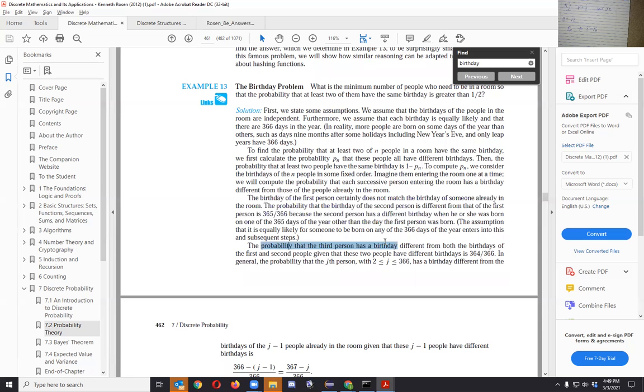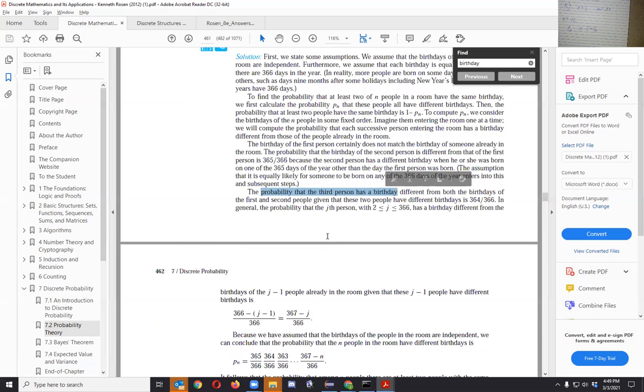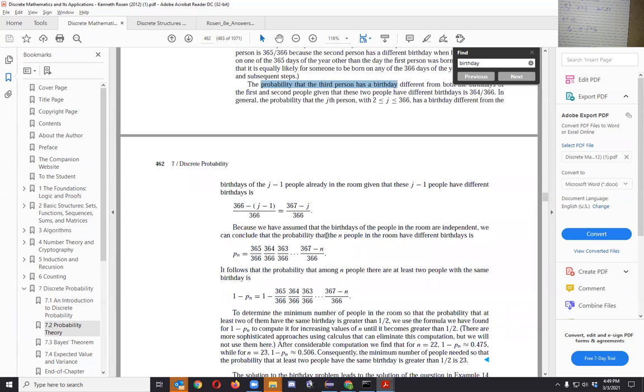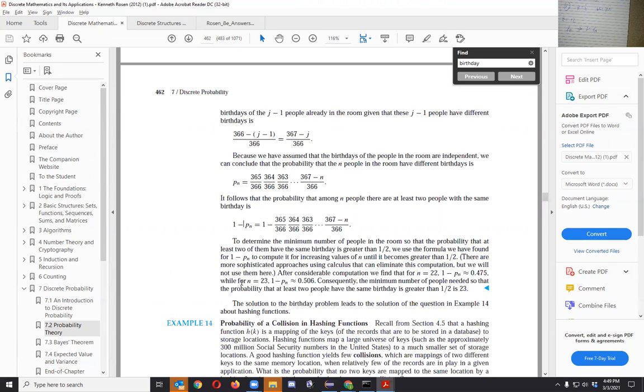The probability of the third person, okay, so this is where the answer to part B came from. So to determine the minimum number of people in the room so the probability of at least is greater than a half, we use the formula we have found for 1 minus p of n. Okay, so that's where this comes in.